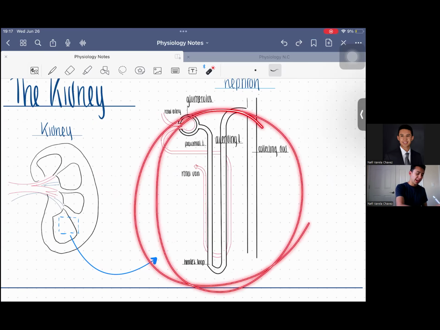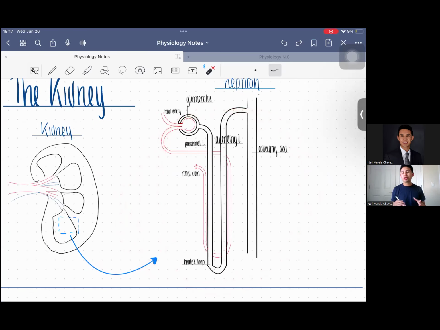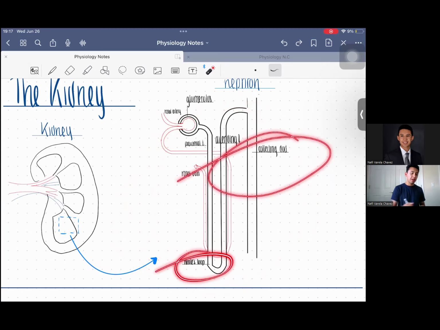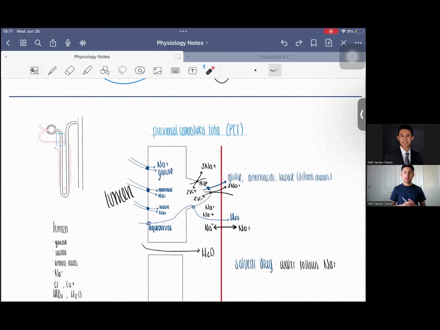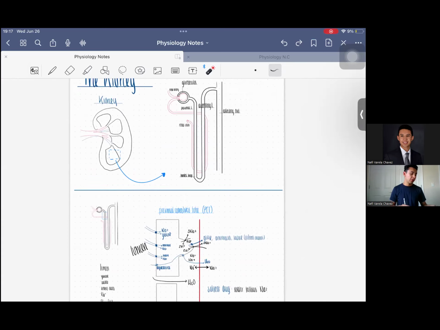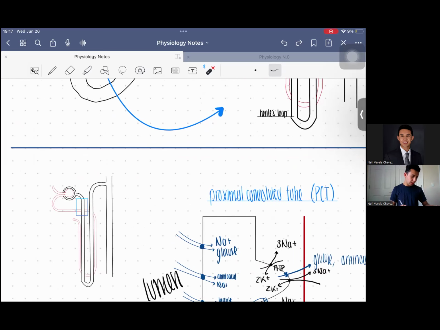Now I'm going to describe what's going to happen here: the reabsorption, the secretion, all that is going to happen here in these tubules and these loops. Okay, so the first step, all the structures that I'm going to mention are going to have names that describe their relationship to the Bowman's capsule.